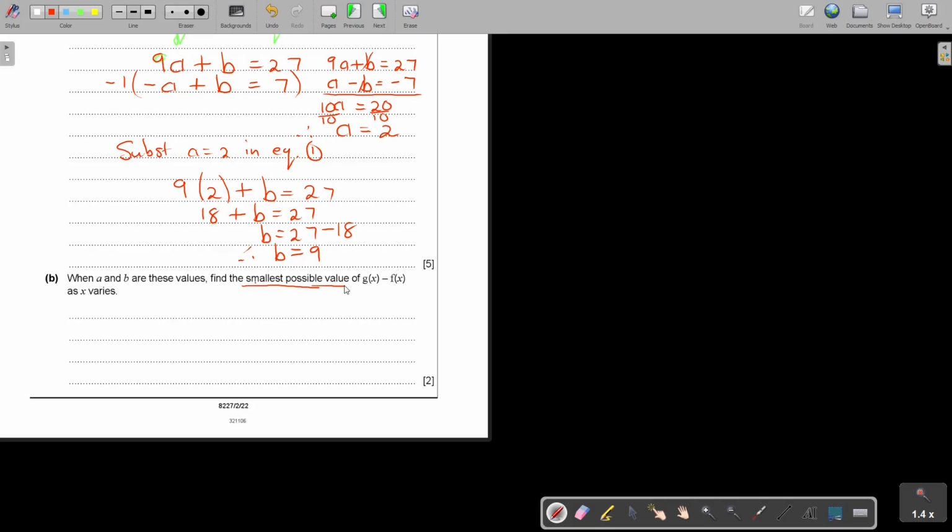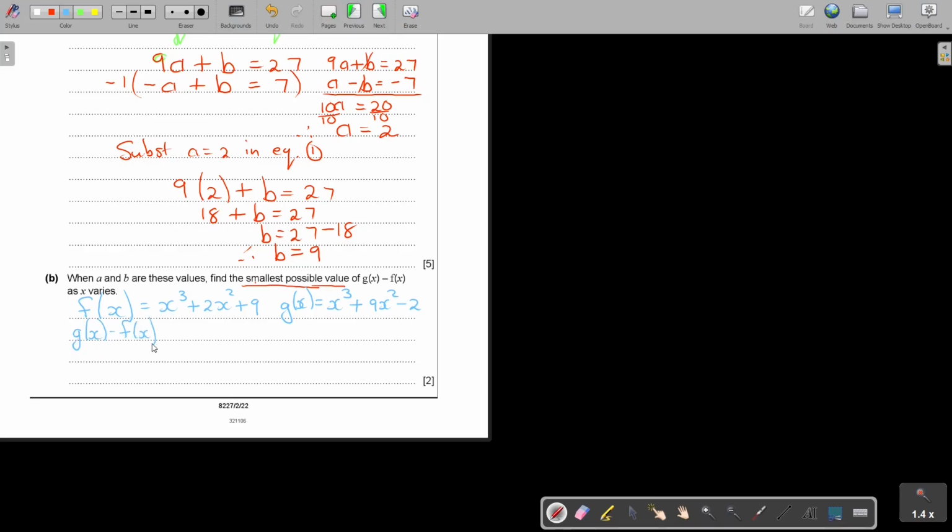I prefer to write down the functions quickly: f(x) equals x cubed plus 2x squared plus 9, and g(x) equals x cubed plus 9x squared minus 2. Then it's going to be g(x) minus f(x).